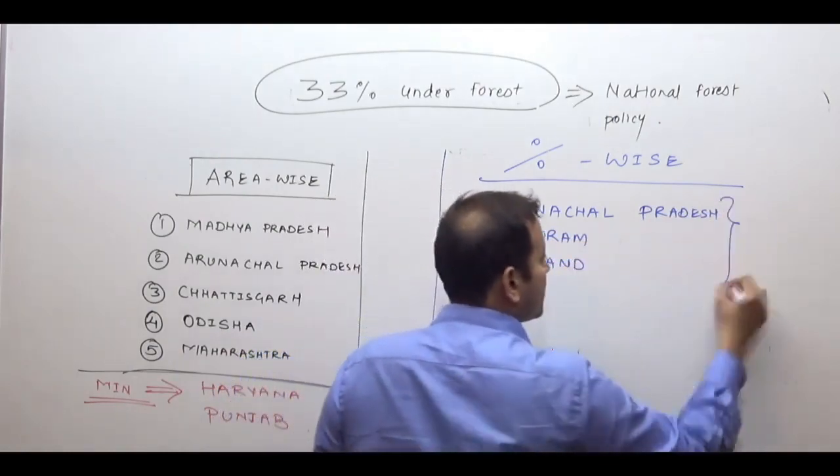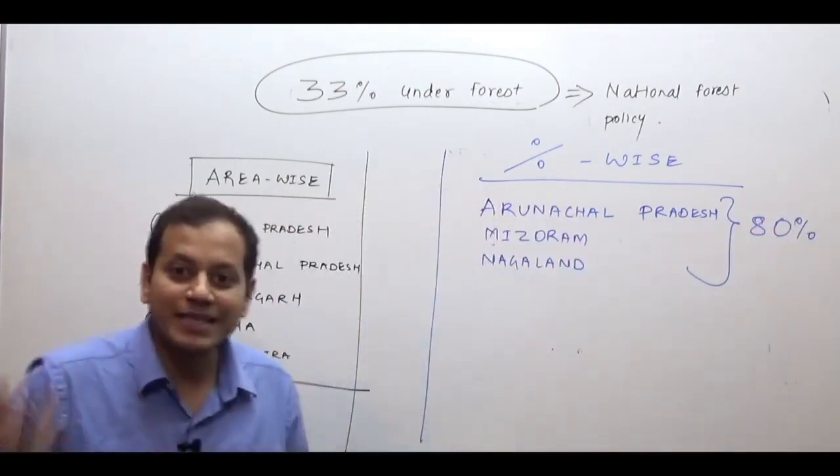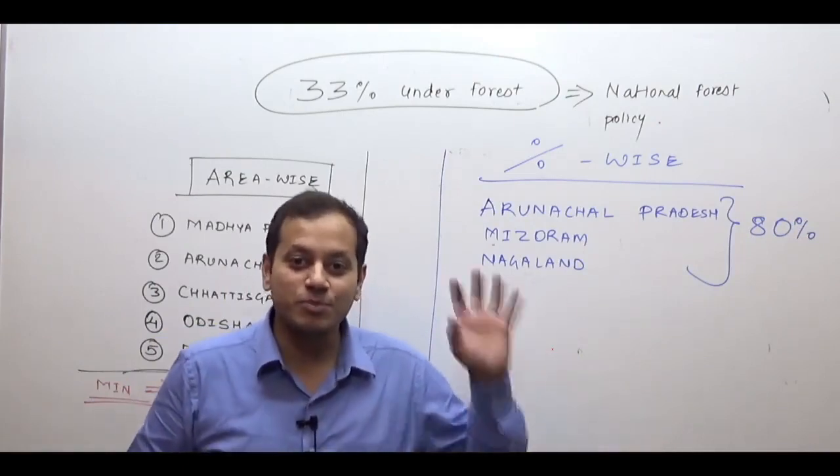These are the states that have more than 80% of their area under forest. So densely forested are Arunachal Pradesh, Mizoram and Nagaland.